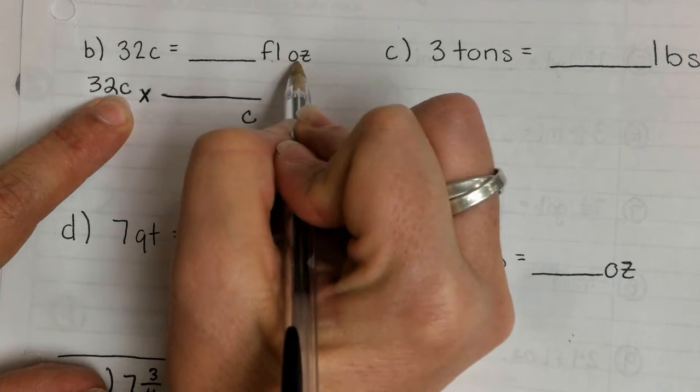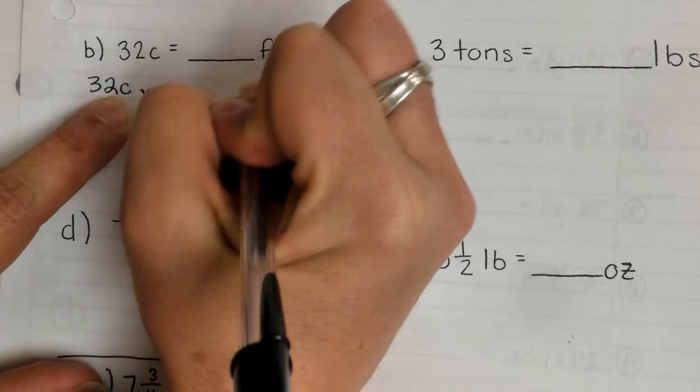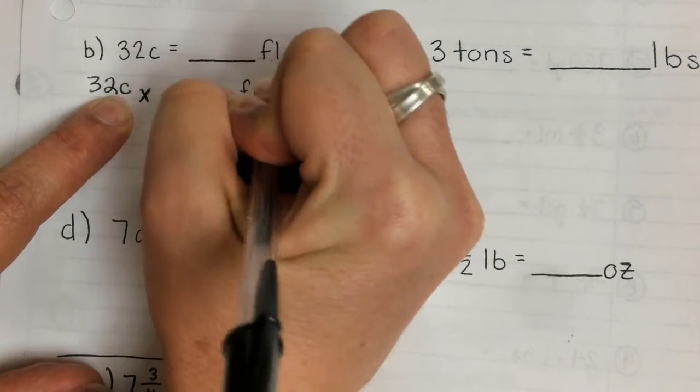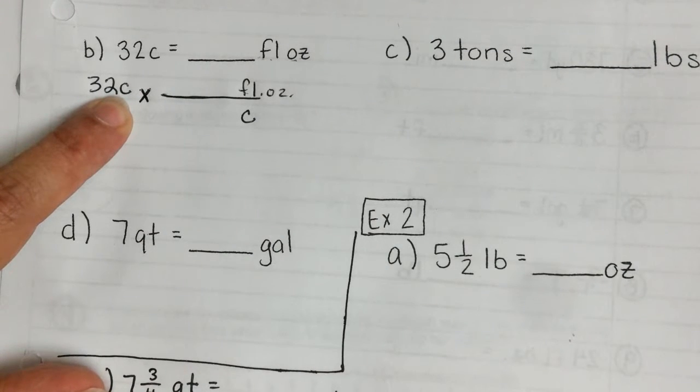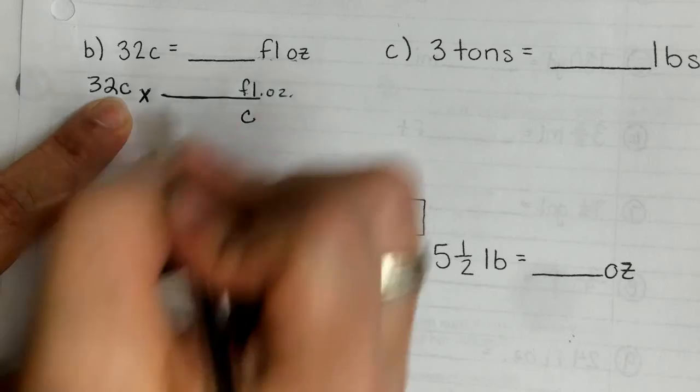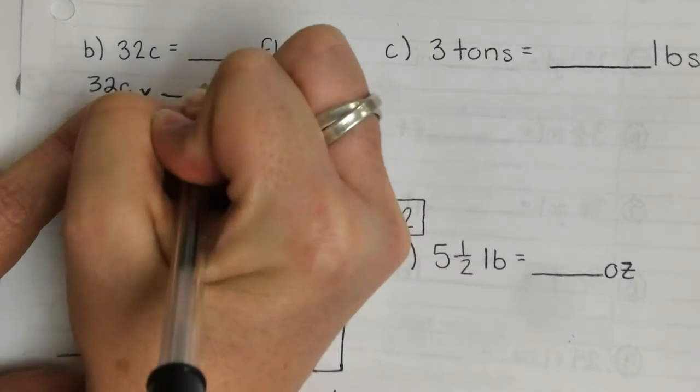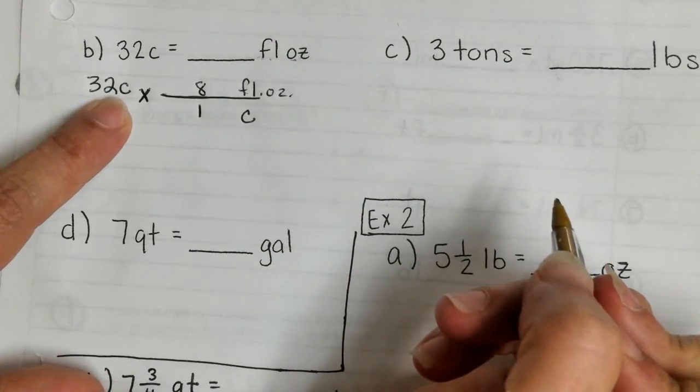Now, fluid ounces is what they want, so I need fluid ounces right there. So if I look at my wall, fluid ounces in cups, 1 cup is 8 fluid ounces. Okay, so 1 cup is 8 fluid ounces.